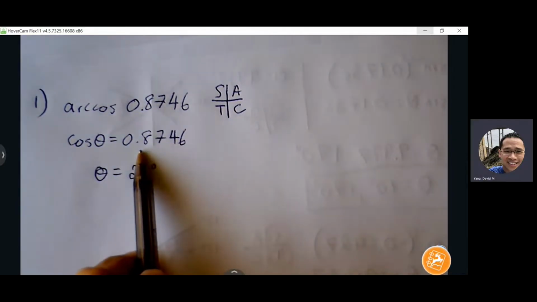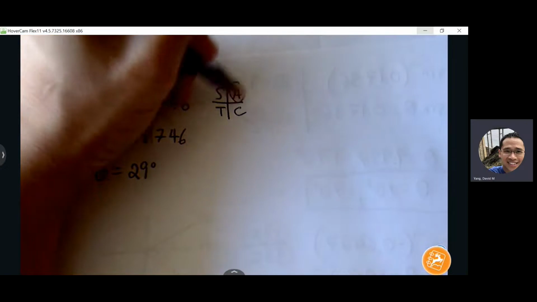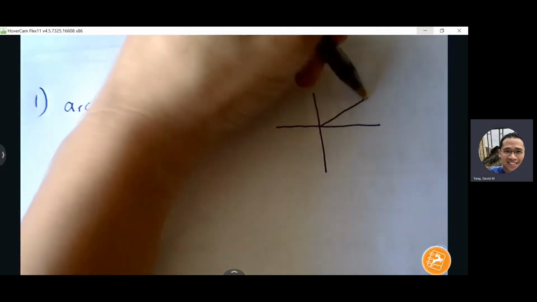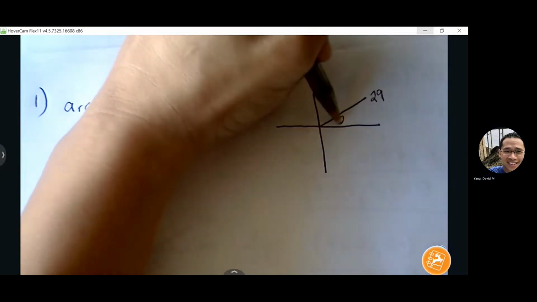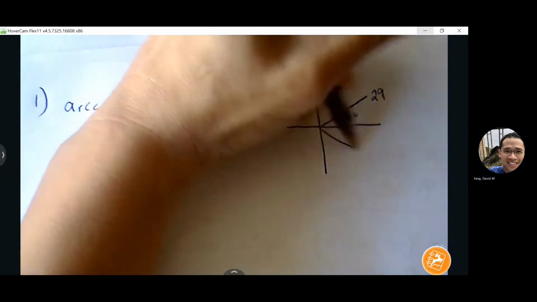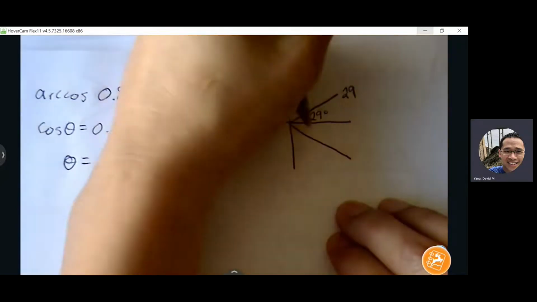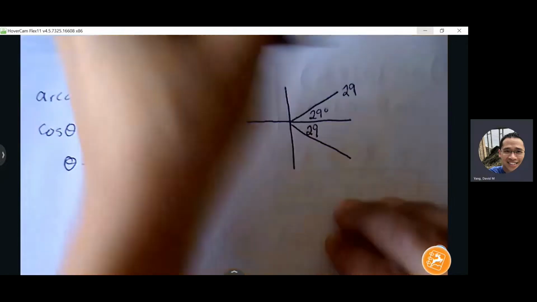Cosine is positive in the first and fourth, okay? So 29 is already what we want. It's already in the first quadrant. So likewise, we want an angle measure that shares the same reference angle, but in the fourth quadrant. So how do we find that?